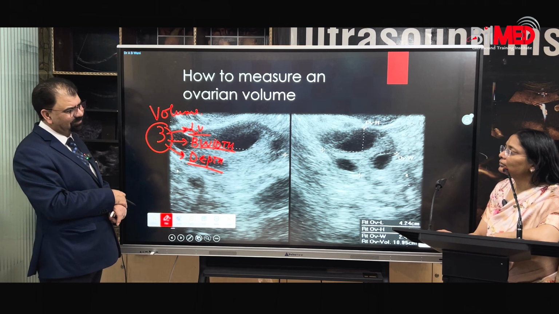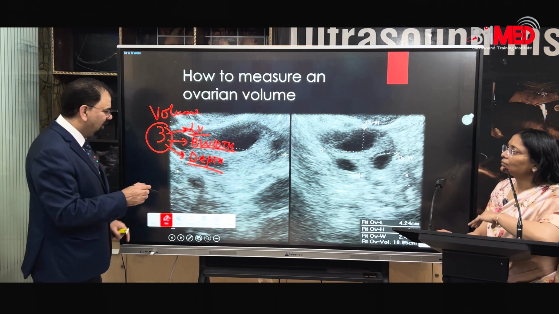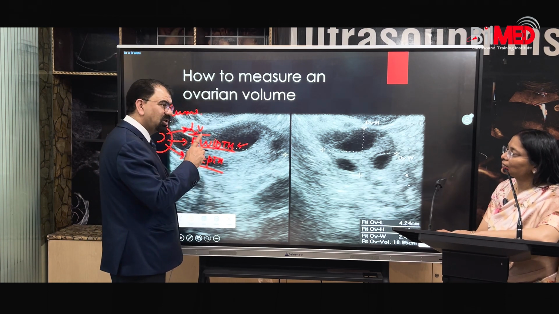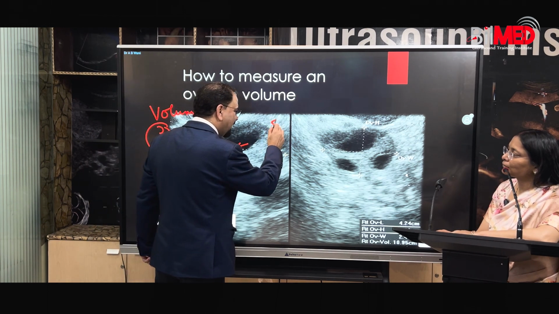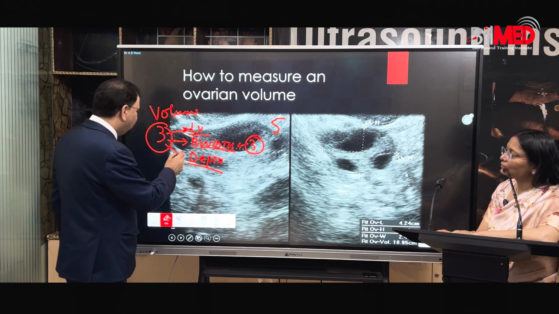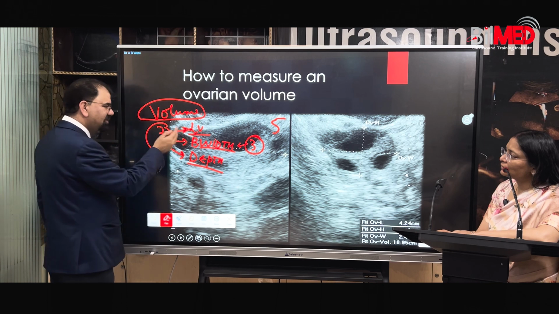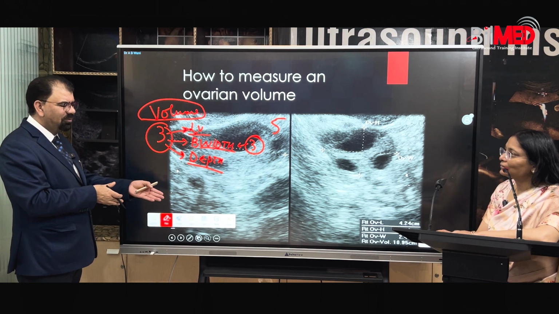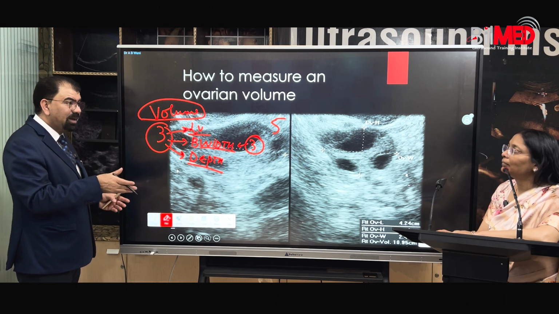You have to give these measurements to the machine, which the machine is waiting for, but the machine is born blind. Now, if you give a wrong width to the machine, when actually it was 5, for example, you gave 3, what will be the total volume? It will be less. So your PCOD ovaries will look like a normal ovary.